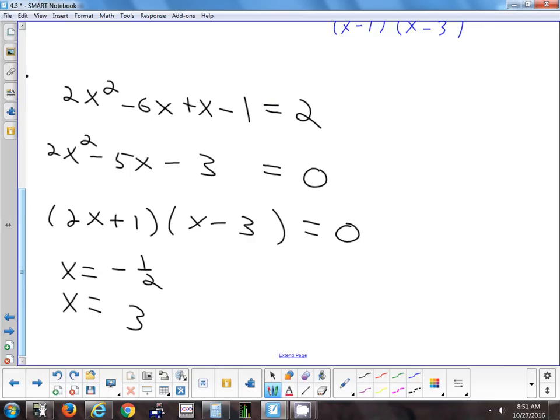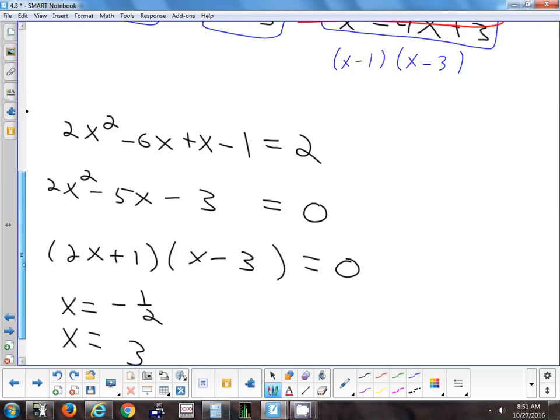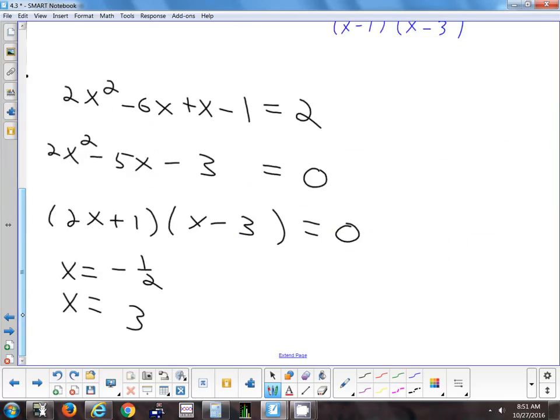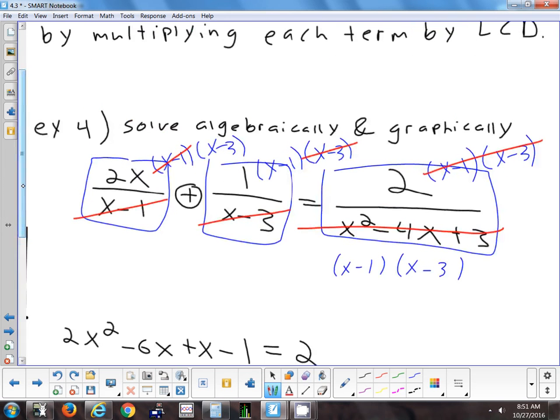Let's check 3 first. Can I plug 3 into the original? No, that would cause me to divide by 0, so that is an extraneous answer. Let's check negative 1/2. Would that cause me to divide by 0? No, so it would work, assuming you didn't make an arithmetic mistake.